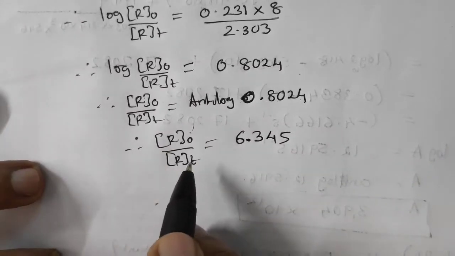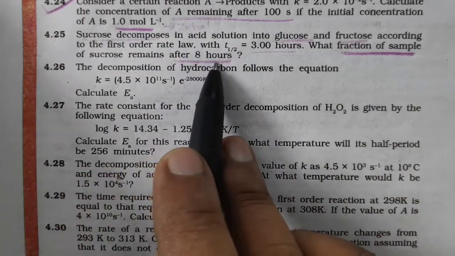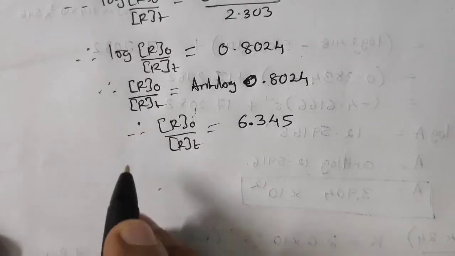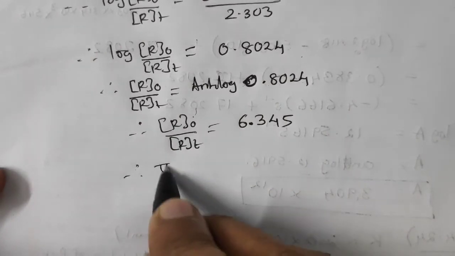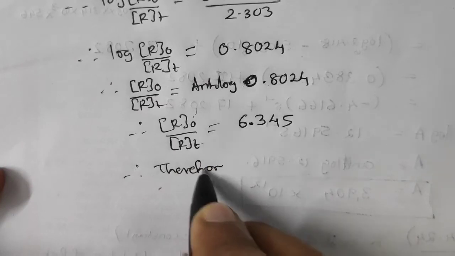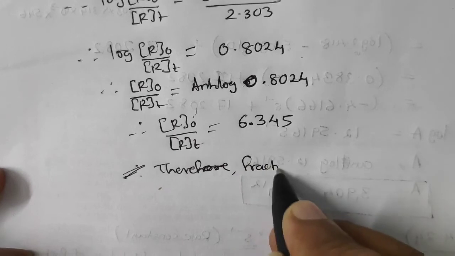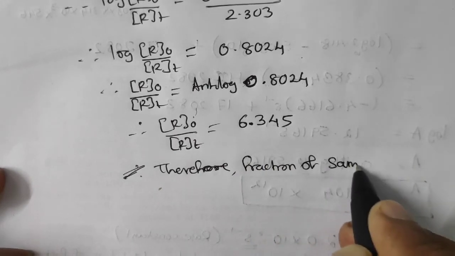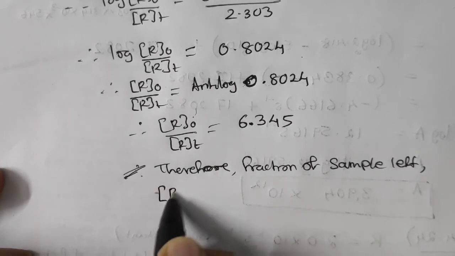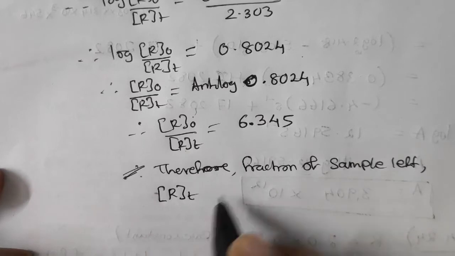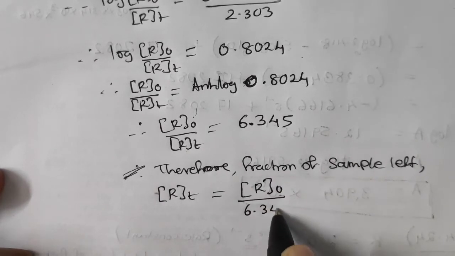Now, the question was to find the fraction of the sample of sucrose remaining after 8 hours. Therefore, the fraction of sample left, that is RT, I will take it on the other side, is equal to R0 by 6.345.